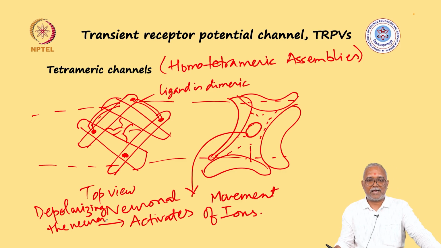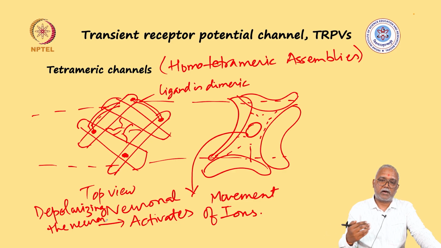And this depolarization, as I mentioned earlier, in the form of some sort of electrical impulse is conveyed to the brain, where that electrical impulse is decoded and things are understood in the right context.